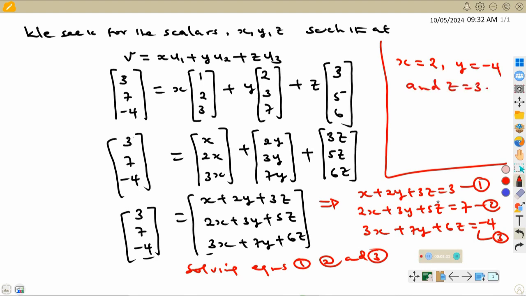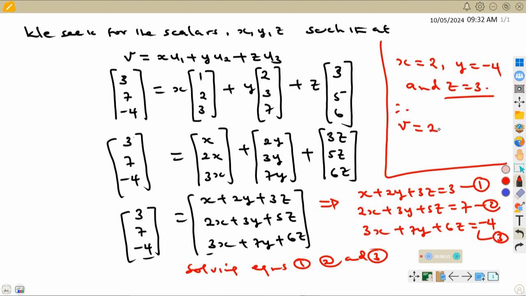So you have to solve this and see whether you are able to get x, y, and z. So here you will have got your scalars, that is x, y, and z. And therefore, you will be able to write your v as a linear combination of u1, u2, and u3.